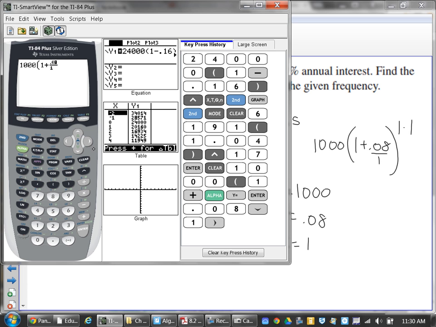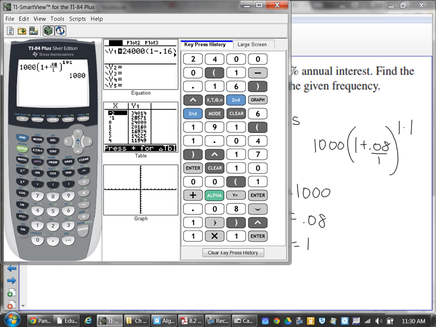I know this is kind of redundant by putting all these extra values in here. In a year, you made $80 in interest. Well, what's 8% of 1,000? 80. So you made $80 in interest on that 1 year.